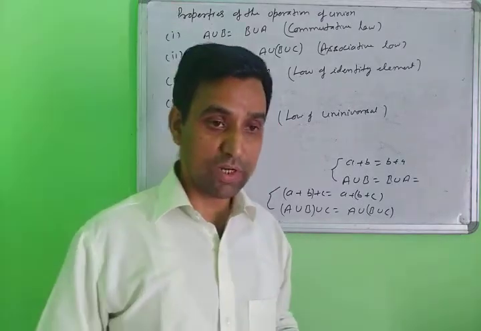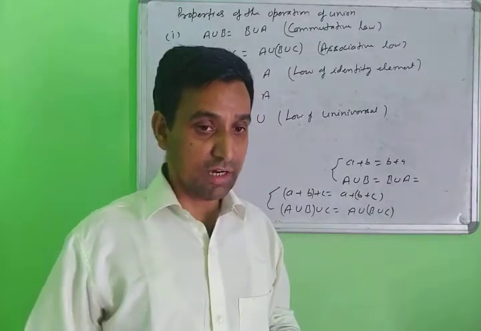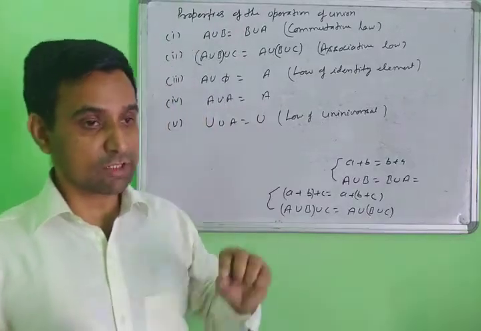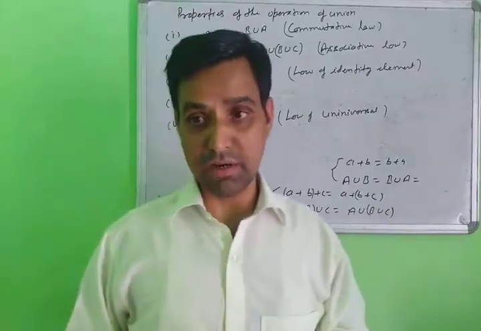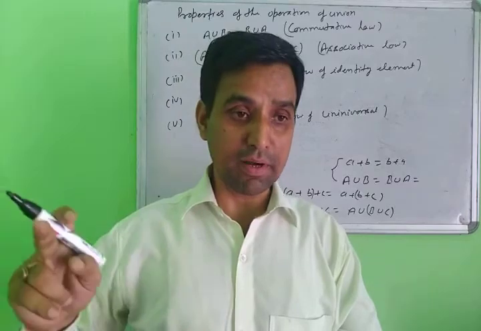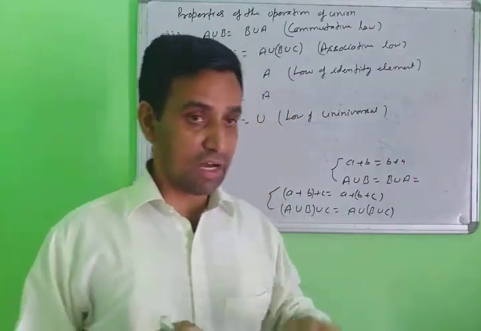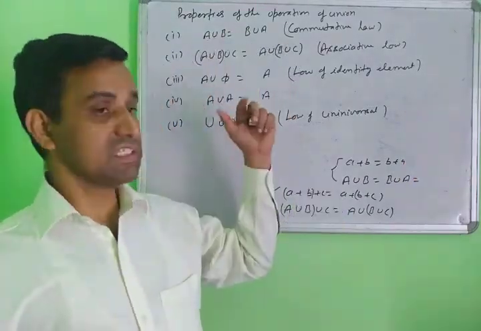Same thing: 1 is the multiple of every number. Here in set form, phi is the subset of every set. Same thing here: 1 is the multiple of every number in the number system, but in set theory, phi is the subset of every set.